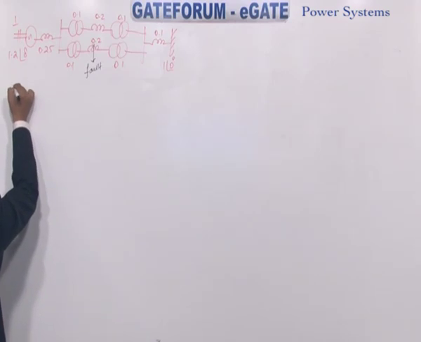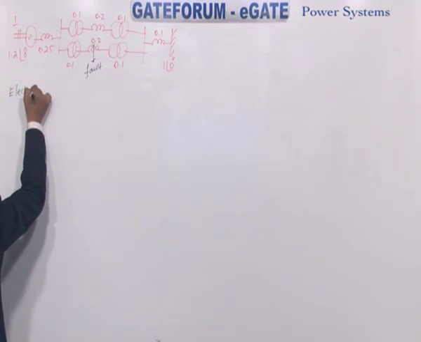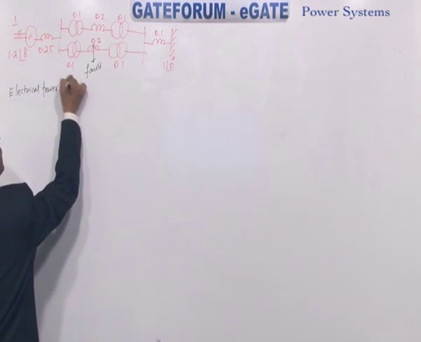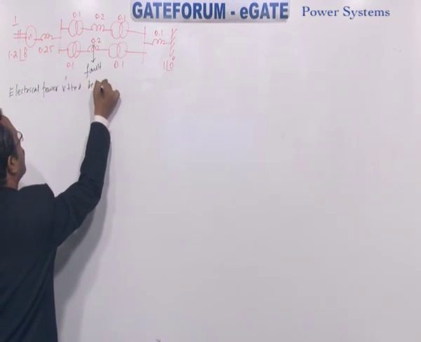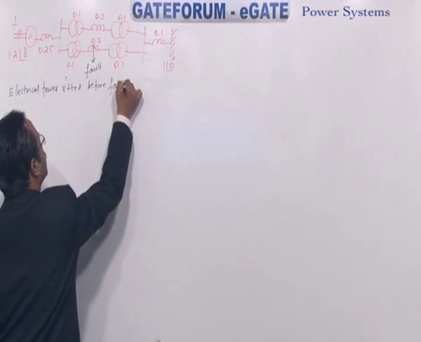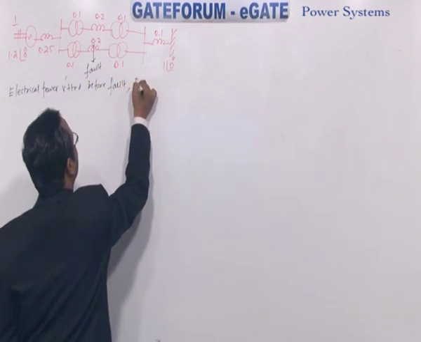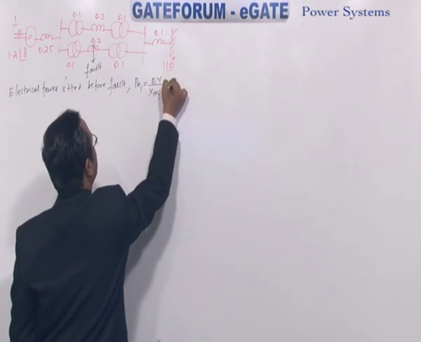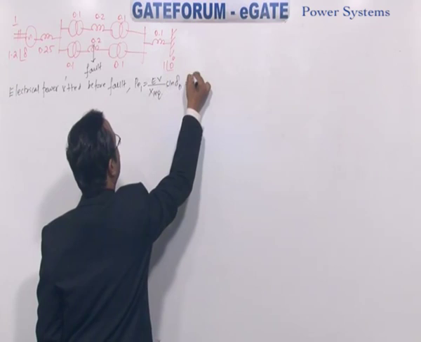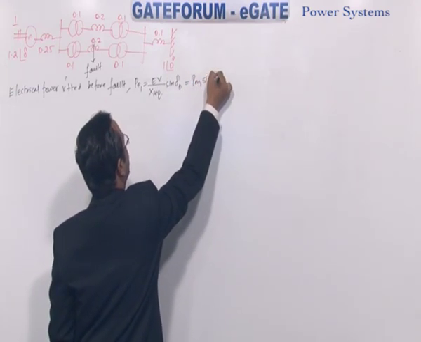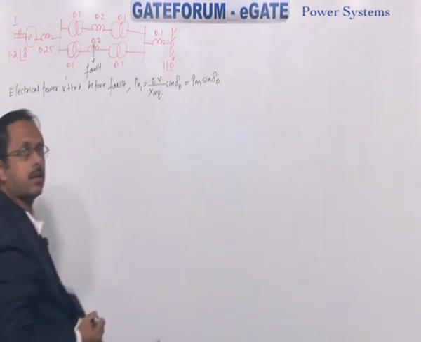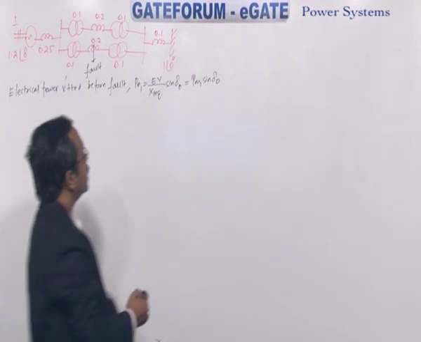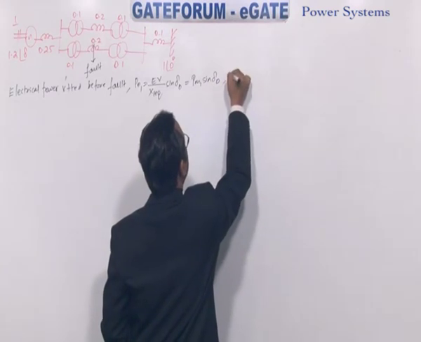Now first we represent the electrical power transmitted before fault. How do you represent that? PE1 is EV by X1 equivalent sine delta naught, that is PM1 sine delta naught. And what is X1 equivalent here?